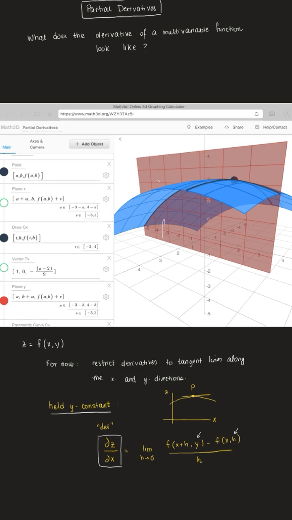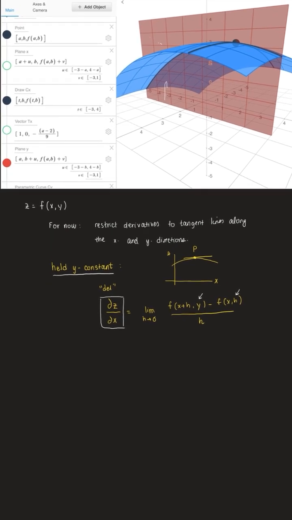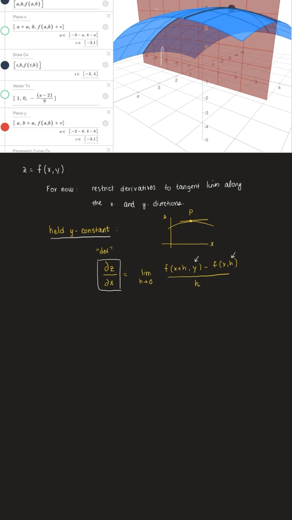So let's write that down mathematically to think about what this really means. So this time we held X constant, and we intersected our surface with a plane parallel to the YZ plane. And when we do that, we get a curve as our intersection, so we can talk about the partial derivative of our function z with respect to y, and x is fixed.